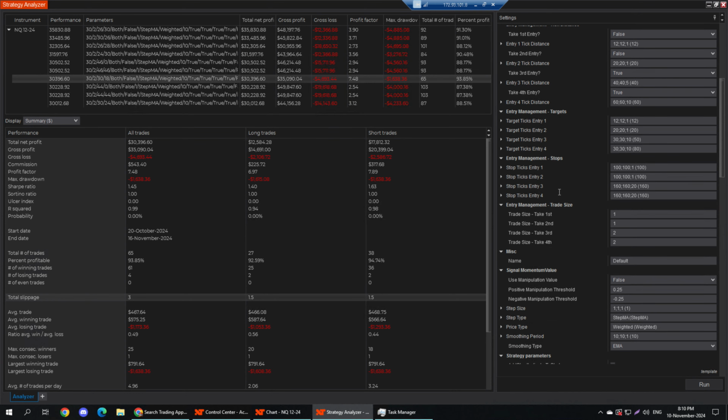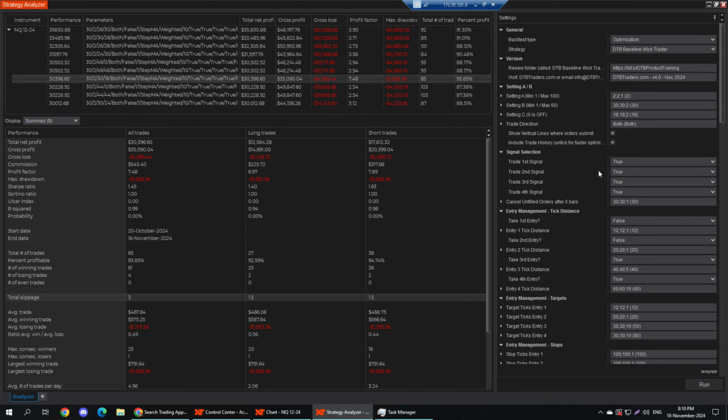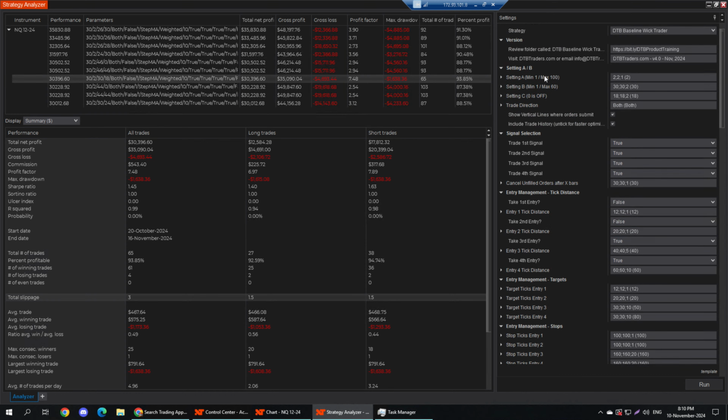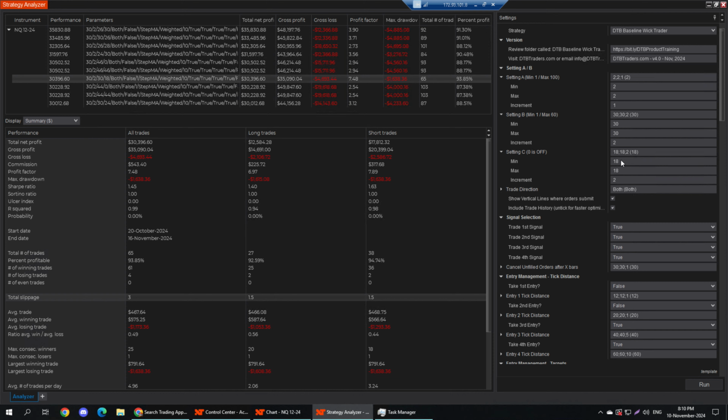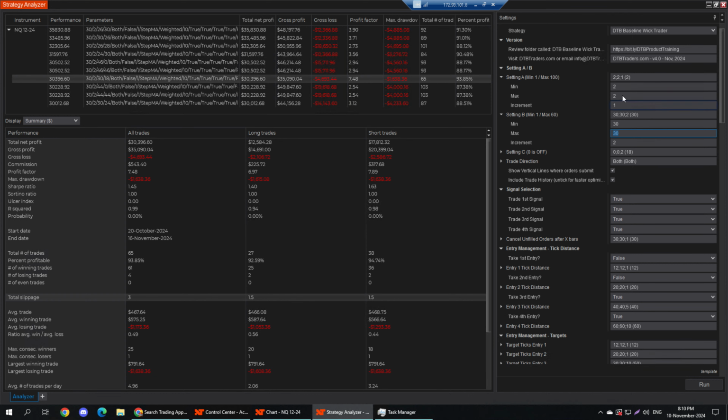I'm going to leave the stop ticks as they are for now, and just run a quick optimization. I don't know what this will perform like, because I haven't done range bars for a while, but it gives you an extra way of doing this. Let's go between 2 and 10, and between 10 and 58.